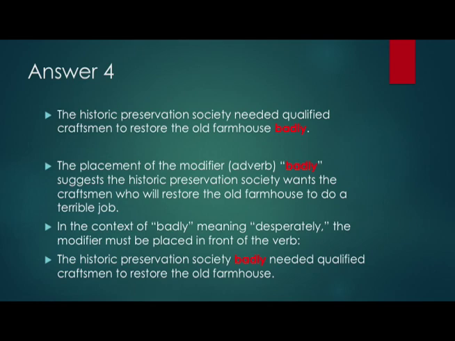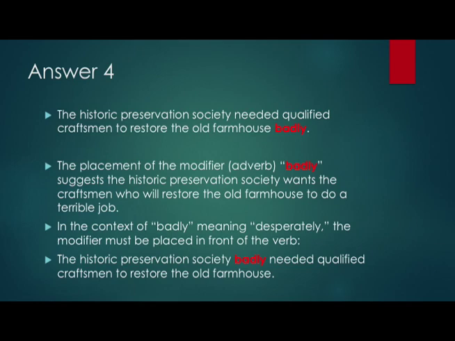So, in the context of the sentence as it is written right now, we seem to suggest that the Historic Preservation Society wanted to find these craftsmen who would do a really horrible job at restoring the old farmhouse. Again, we can assume that that's not the case.